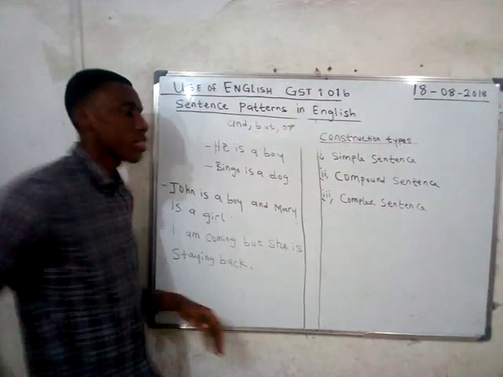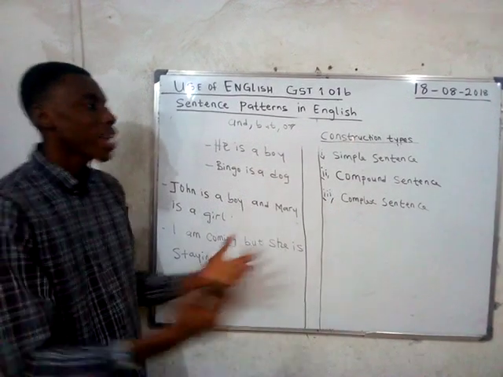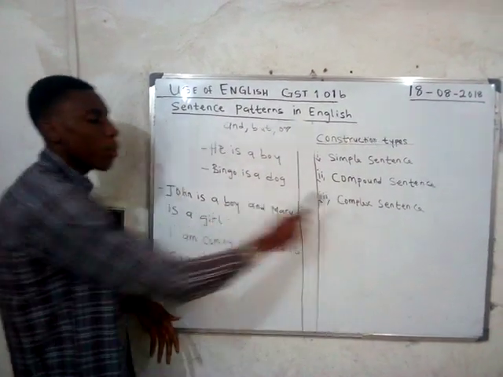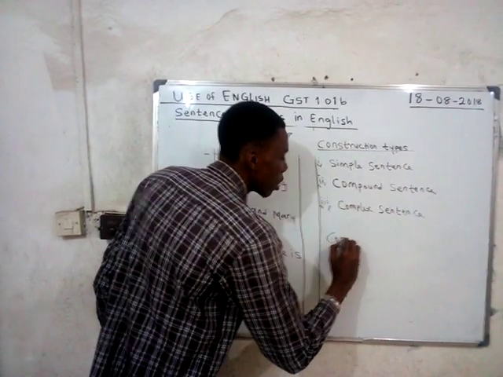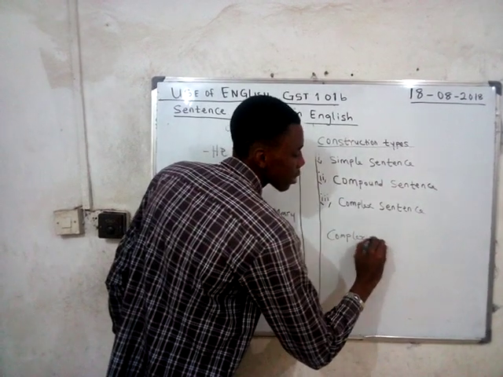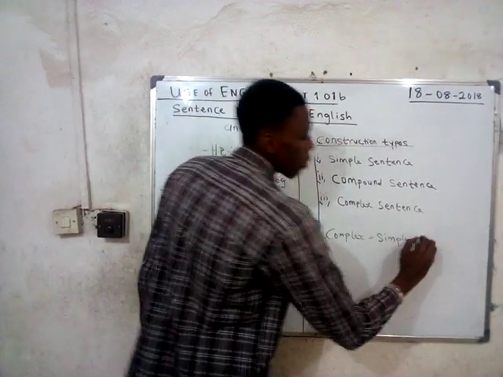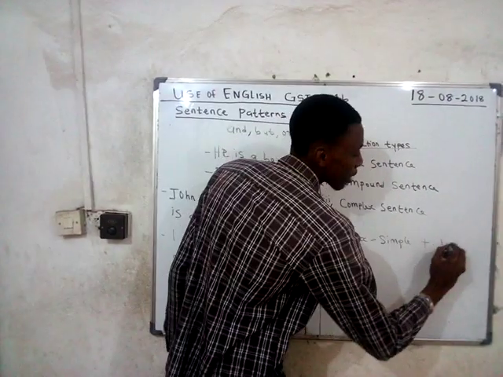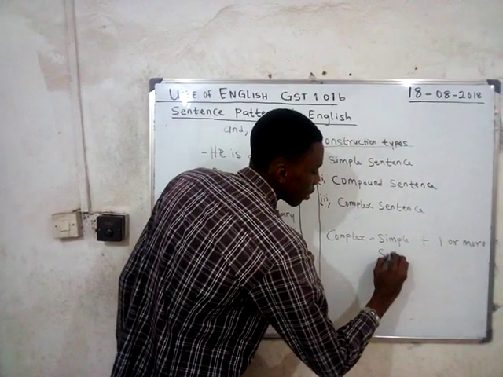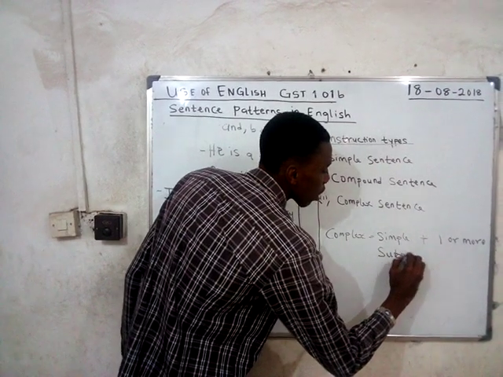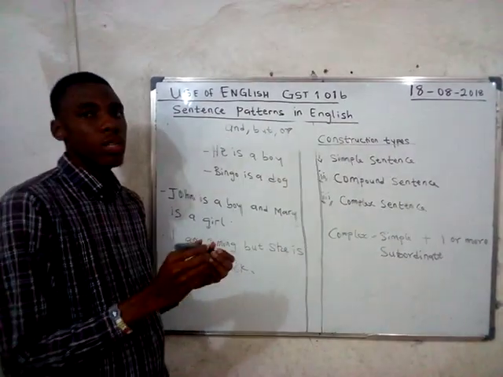Now the third type of sentence we have is the complex sentence. Why do we call it complex? A complex sentence is equal to a simple sentence plus one or more subordinate sentences.